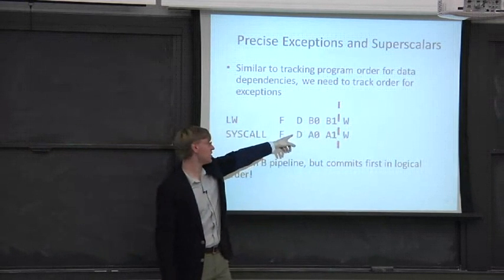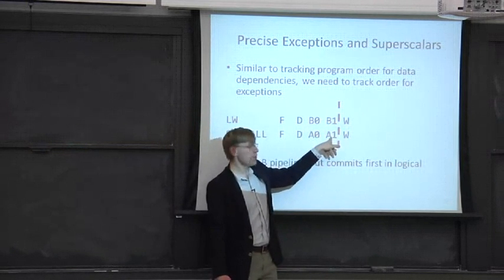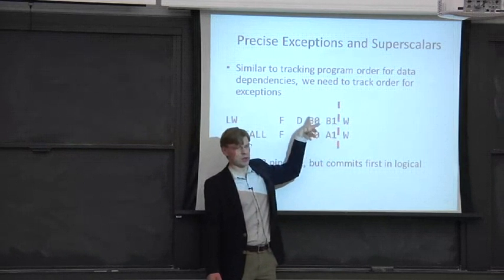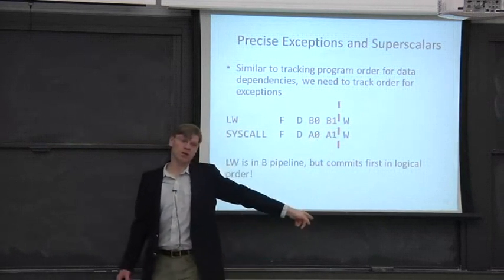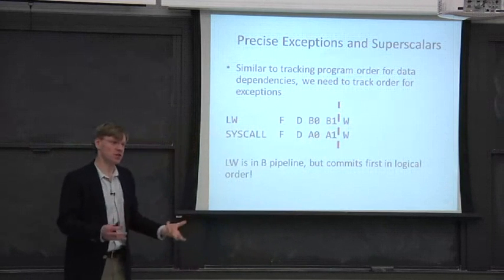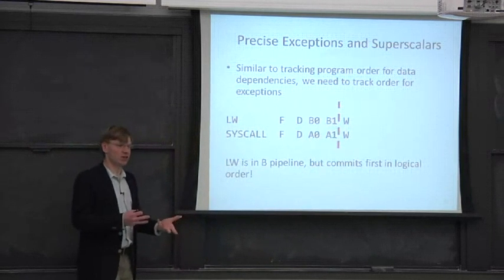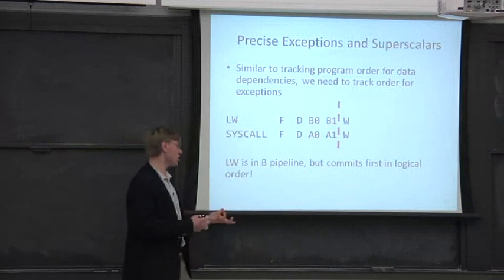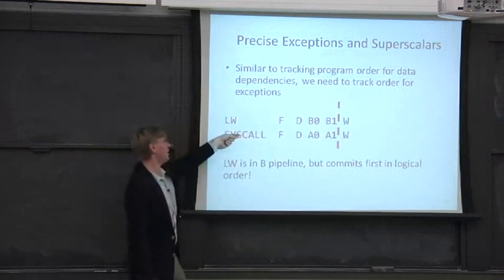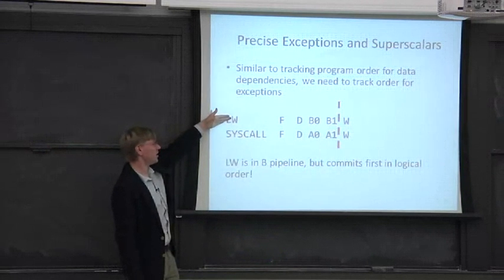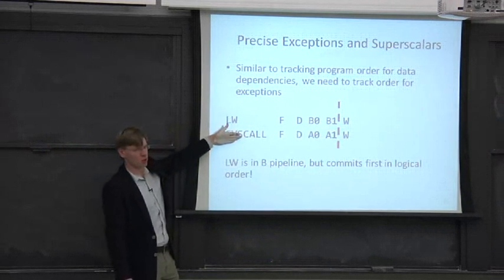And then you have to make a decision of, oh, well, the A pipe actually just took an interrupt, but in program order, the B pipe is the first instruction going down the pipe. So at the end of the pipe, you're going to have to make some logical decision and have a little bit of control logic to make sure that you're not going to take an interrupt for the syscall and kill the load instruction before the syscall.